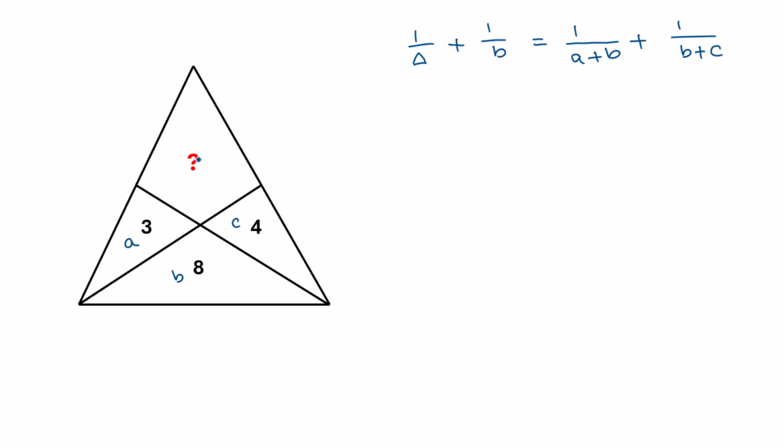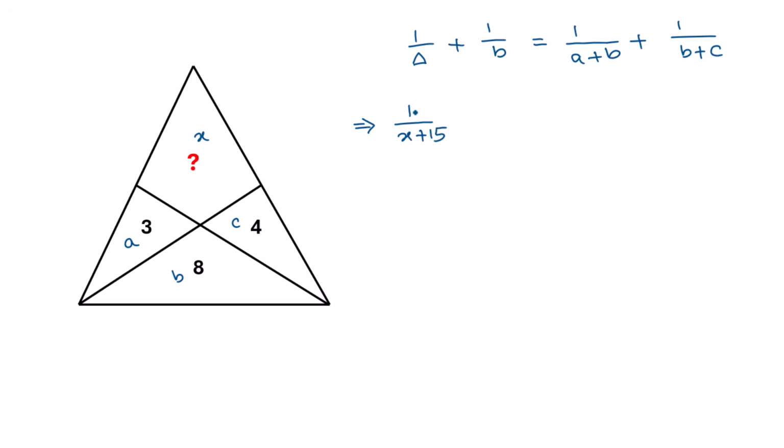Consider this unknown area as x. Then the total area of this triangle will be A plus B plus C plus x. Substituting the values, 1 over the total area of this triangle, A plus B plus C, that means 3 plus 8 is 11, plus 4 is 15, and this x, that means x plus 15.